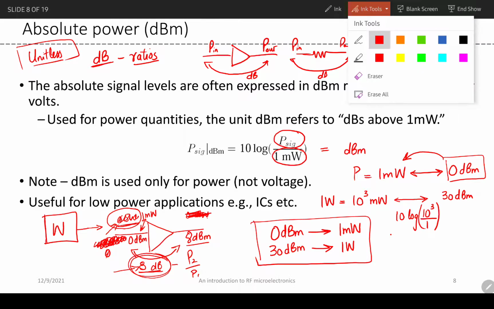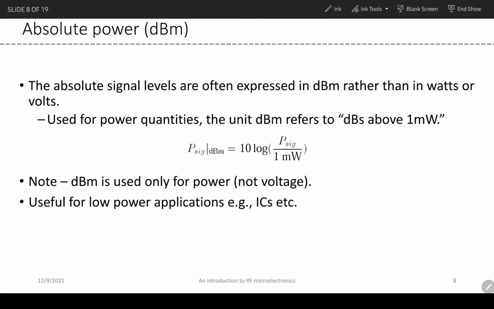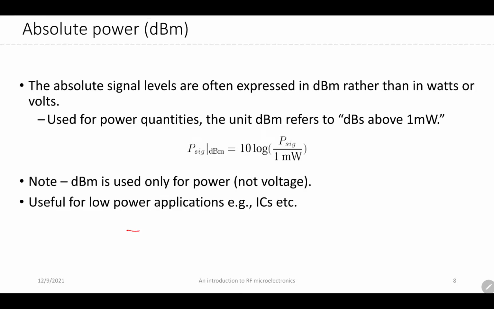Let me clear this slide and maybe make this simpler. So now, instead of actual numbers in watts, we talk about dBm.